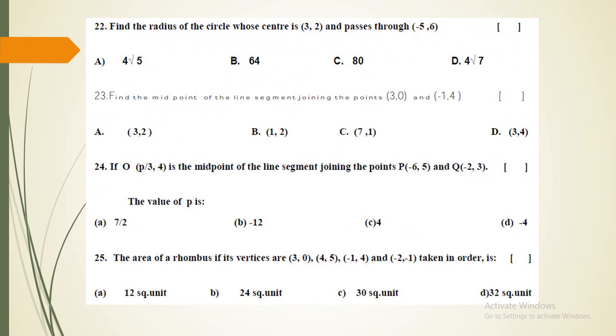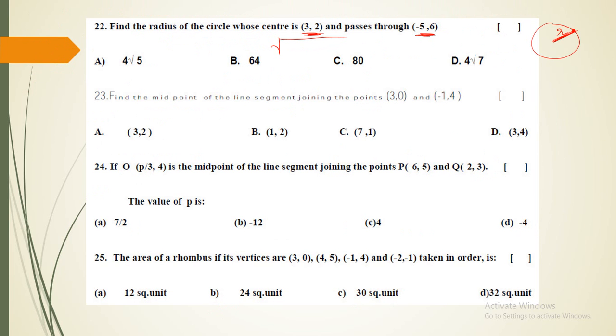Next, moving on to one more question. The radius of the circle with center 3, 2 and passes through minus 4, 6. Here he has given a circle with center and a point on the circle. That means this is nothing but the distance, which we call the radius, right? If we find the distance between these 2 points, we will get the radius. What is the distance formula?